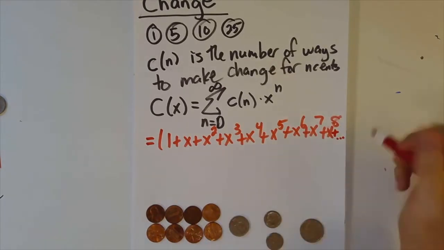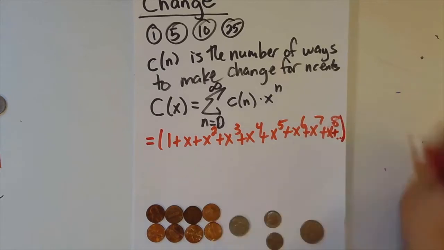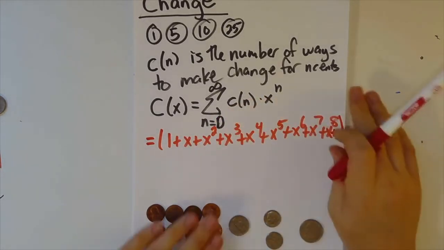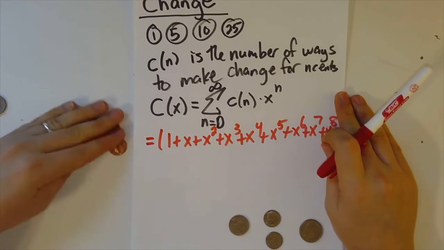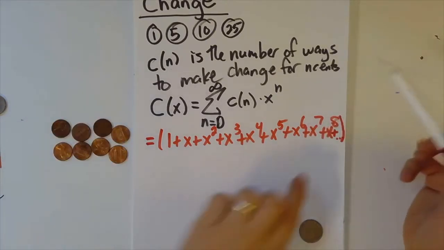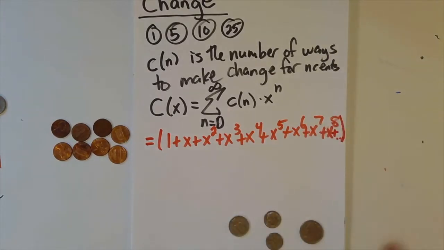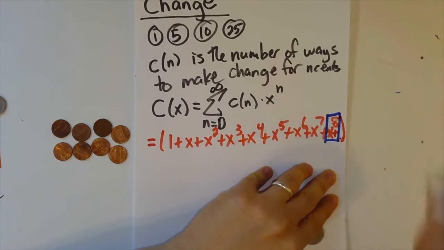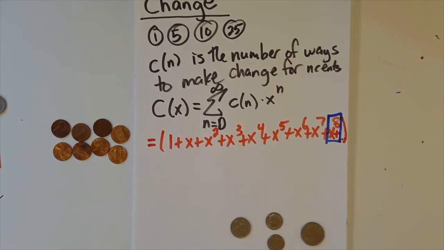This is actually itself a power series. The power of x tells me how many pennies I have chosen. In this case, I happen to have chosen 8 pennies. For this particular distribution, I'm going to zoom in on that.